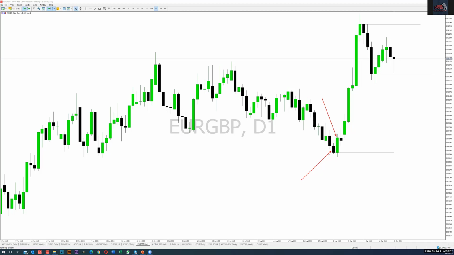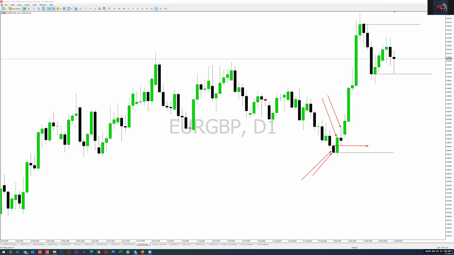Level or zone, it's one and the same thing. But when this bearish candle traded back into this, it means the zone has now been what? Tested. That was the first test of this zone.